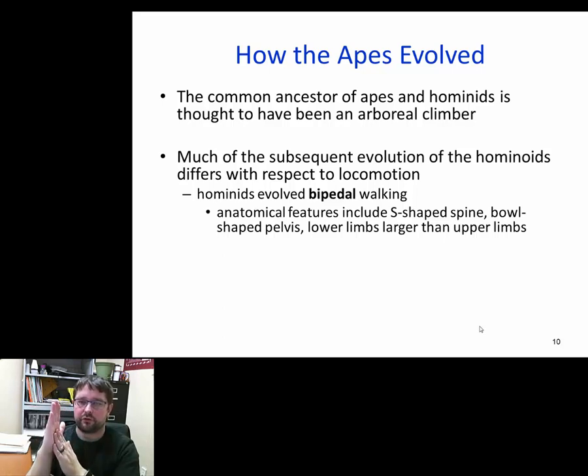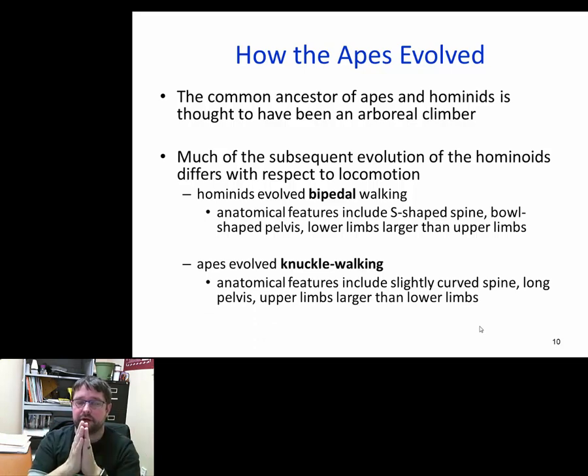Your curvature of your spine needs to be kind of spring-loaded, so our spine went kind of an S shape, which allows for more weight to be pushed down on the spine than, say, something that's curve-shaped, like something that doesn't go bipedal and walks on four. Shape of our pelvis had to change. And so you get these adaptations that have occurred over the last 4 million years or so.